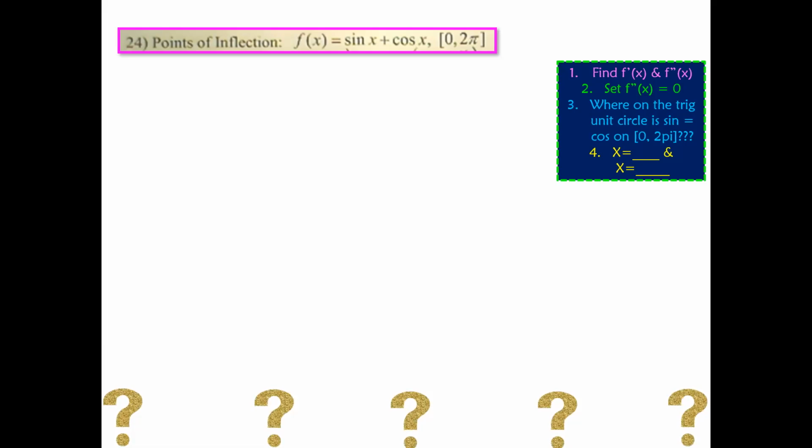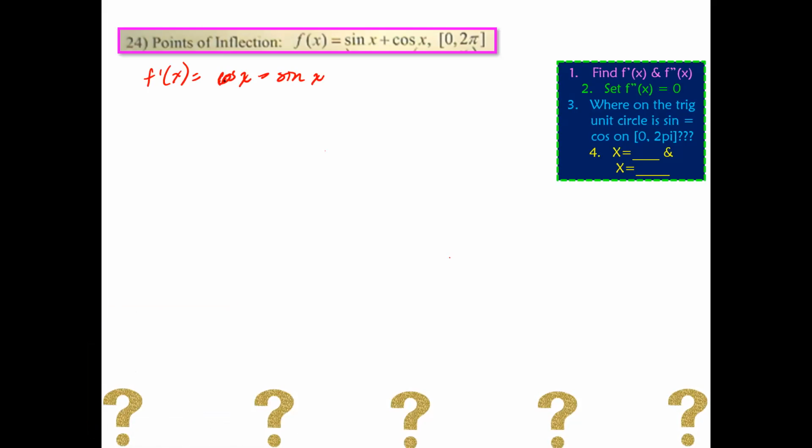With this one, you're looking for the first derivative anyways. With your first derivative, f prime of x, you know that the derivative of sine is going to give you cosine x, and the derivative of cosine is a negative sine. And so you have your first derivative.